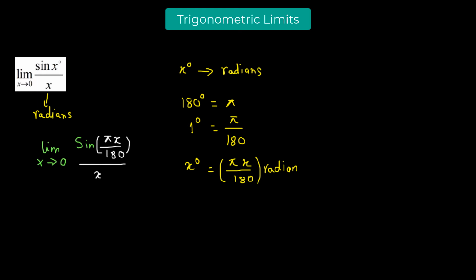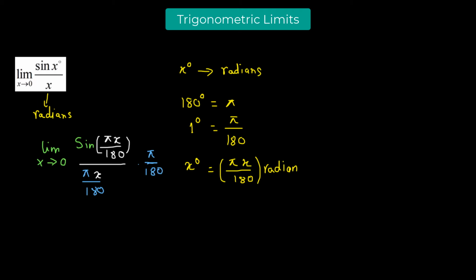However, we know that we need pi over 180 times x in the denominator. So we multiply the denominator x by pi over 180. Now this is an extra term, so we have to divide. We can say we are going to multiply the entire function by pi over 180.